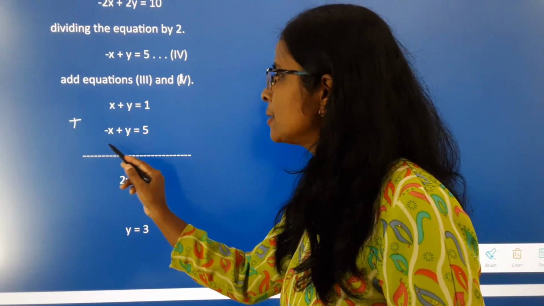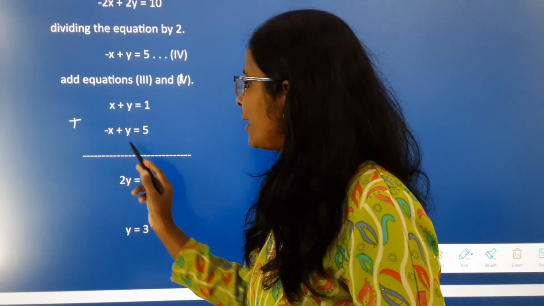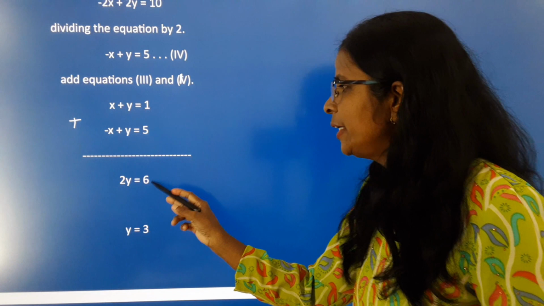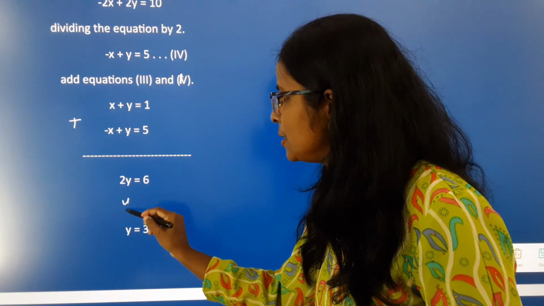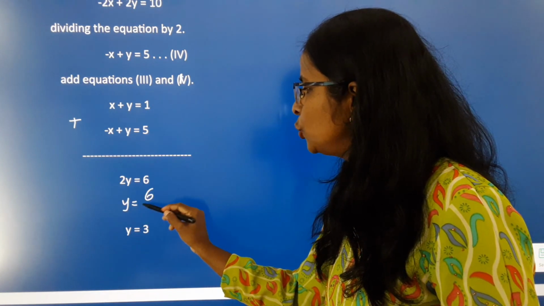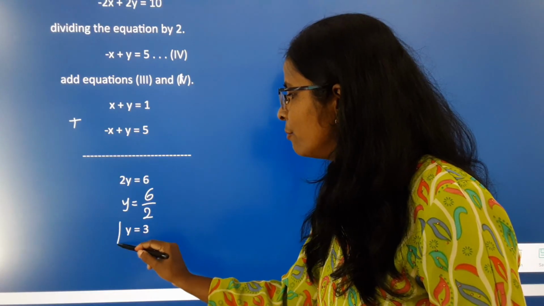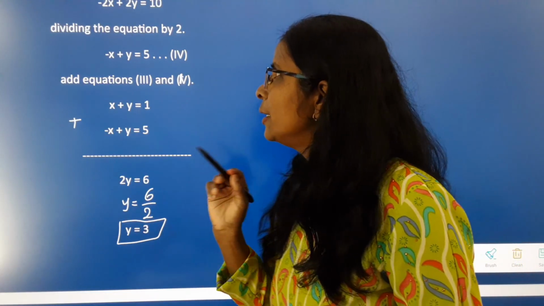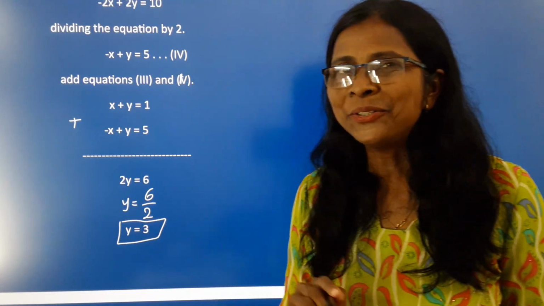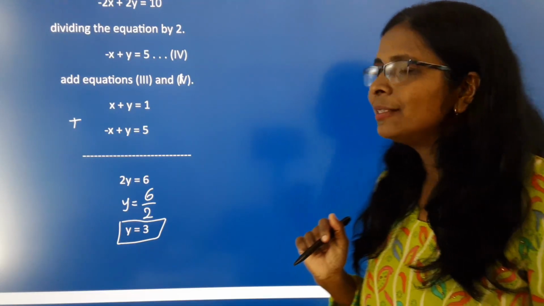So x minus x is 0, y plus y is 2y, 1 plus 5 is 6. So y is equal to 6 upon 2, that means y is equal to 3. Now we have the first value of the variable, and that is 3.